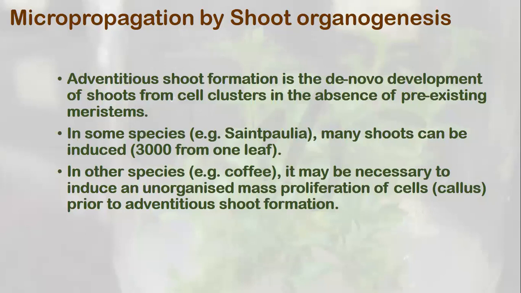But to differentiate the shoots, we require a higher concentration of cytokinin and a lower concentration of auxins, a very low concentration of auxins. And in many cases, only cytokinins are good enough for the process of shoot induction or shoot development.